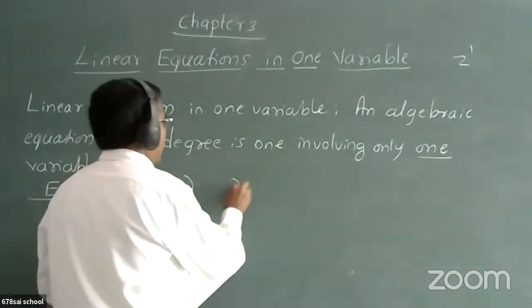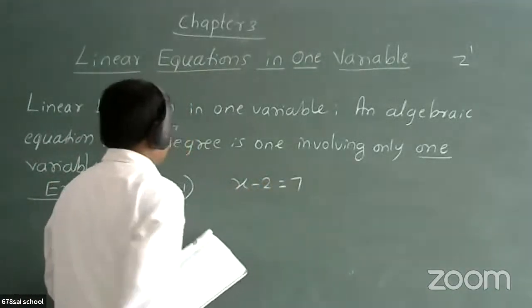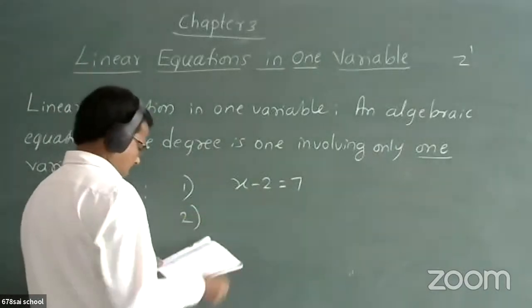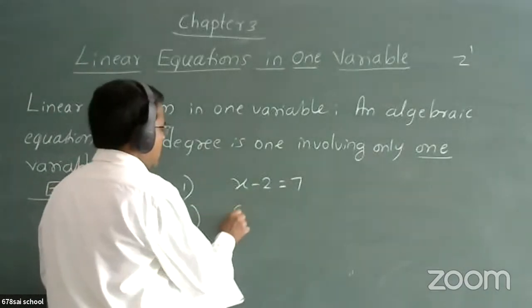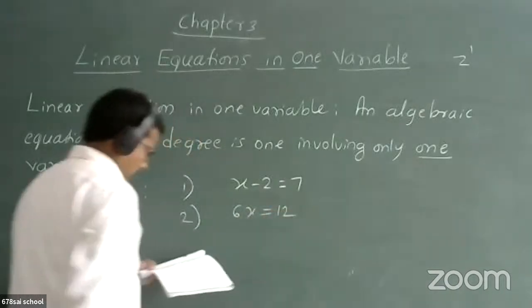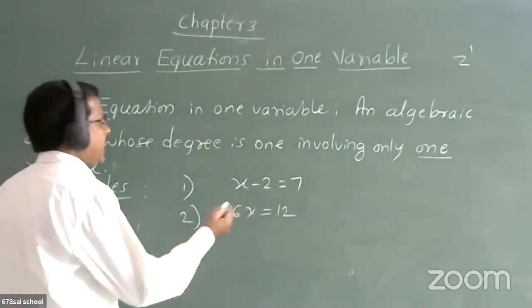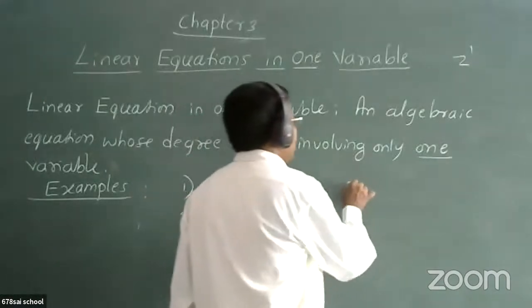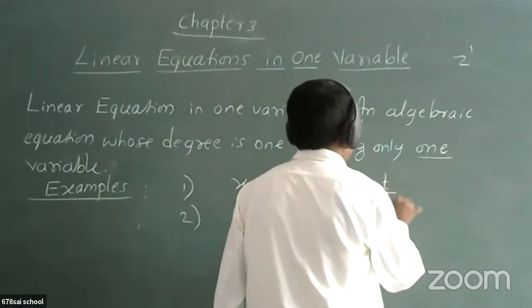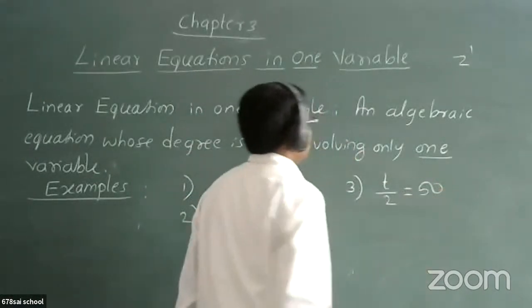One: x minus 2 equal to 7. Second example: 6x equal to 12. It need not be x always. You can write any variable. Here, for example, p divided by 2 equal to 50. This is also a linear equation.